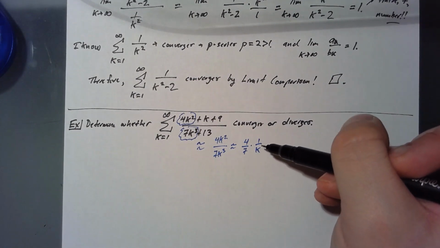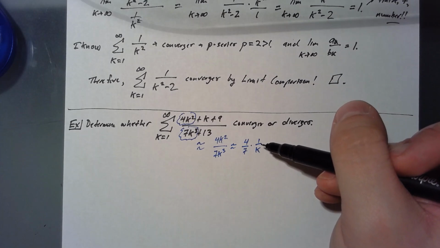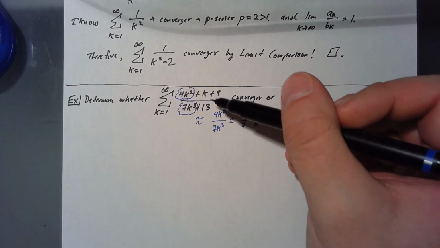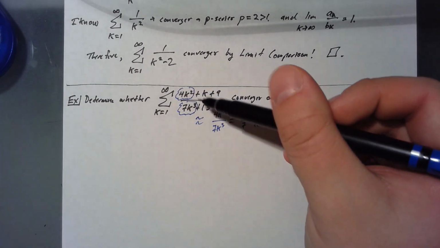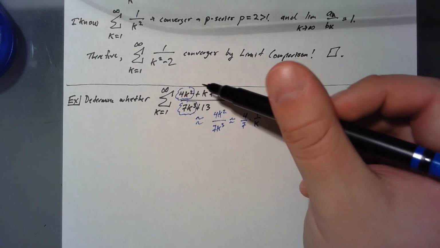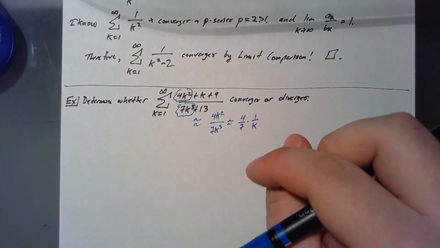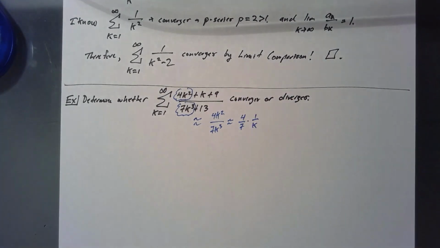Well, 1 over k looks like it's harmonic, right? So I could certainly try to construct an inequality relating this one to 4 over 7k. But I don't know if the inequality is going to work that way.